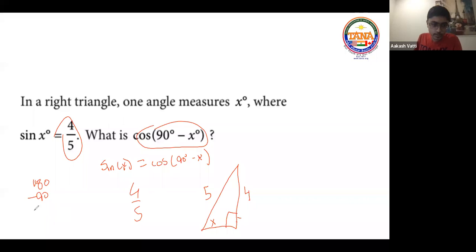So you have 180 minus 90 minus x, which is really just equal to 90 minus x as your remaining angle. This is 90 minus x. And remember, cosine is adjacent edge over hypotenuse. So you have 4 on the adjacent side, 5 hypotenuse, 4/5, which is 0.8.